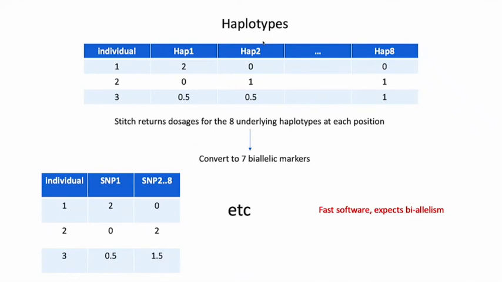So if we think of the data looking like this for individual 1, 2, 3, et cetera, if we assume a model with 8 haplotypes, for individual 1, Stitch might say the dosage of haplotype 1 is 2 and 0 for everything else, which means it thinks this individual is a homozygote for haplotype 1.